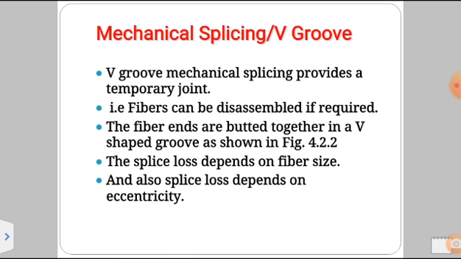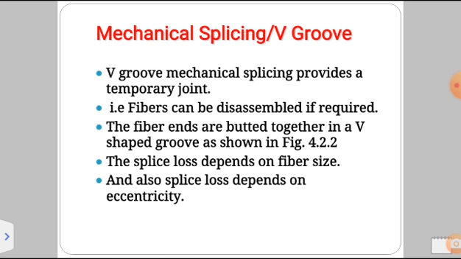But there is a problem that this can be disaligned or misaligned sometimes. Here the fiber ends are butted together in a V shaped groove, as shown in the diagram, and the splice loss depends on the fiber size. There is the multi-mode fiber, and another, the single mode fiber with laser diode, and multi-mode fiber with LED. Different combinations are there.